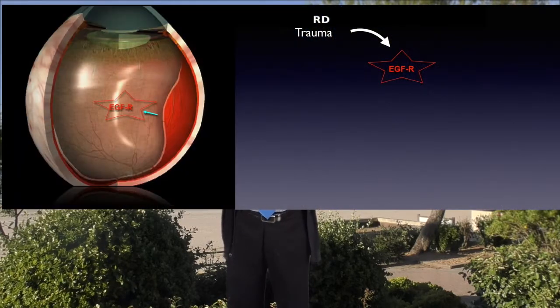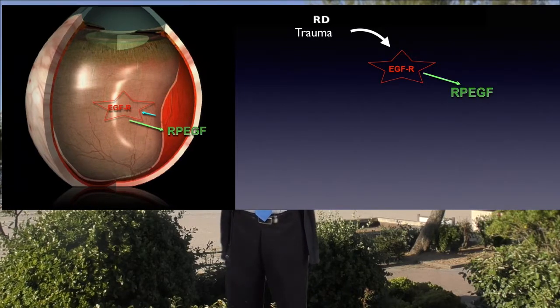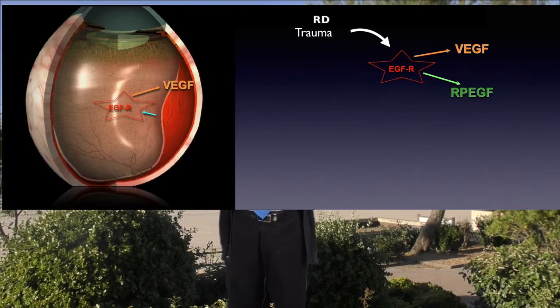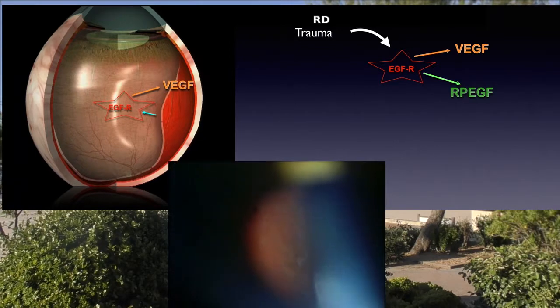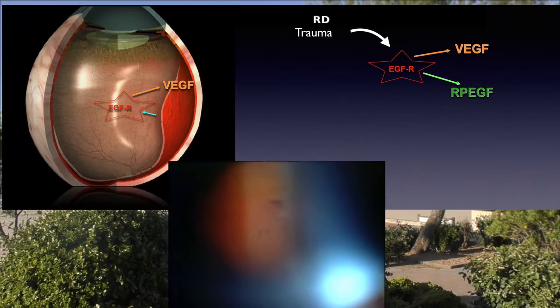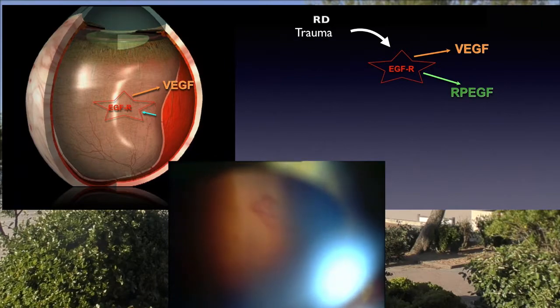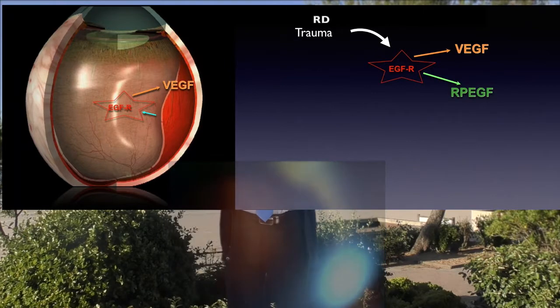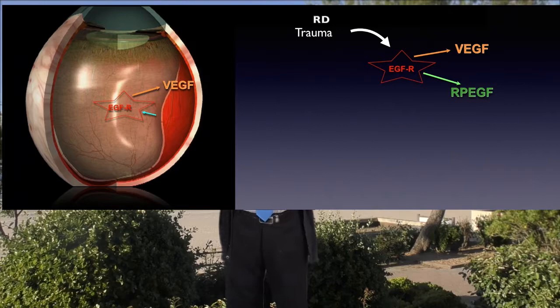Among this cell reaction cascade, we can mention the activation of the RPGF, responsible for the multiplication of the pigment epithelium released into the vitreous, which explains the PVR, and anti-VEGF effect, which explains the fact that the retinal new vessels seen in slowly progressing detachments appear only after 6 months after EGFR extension.